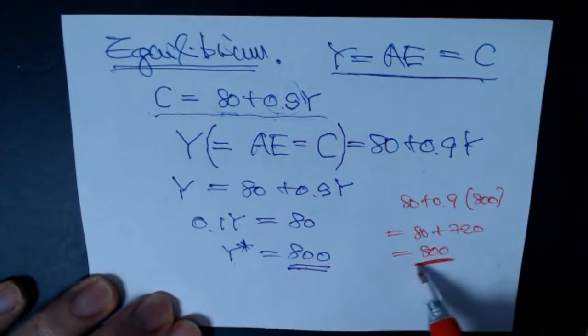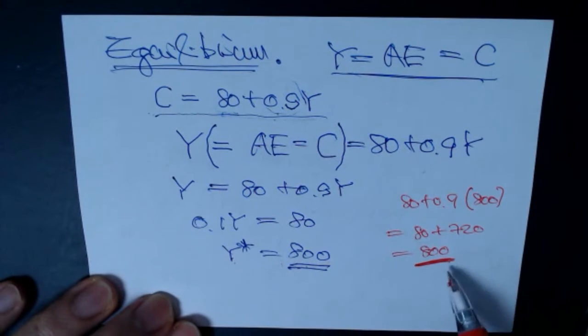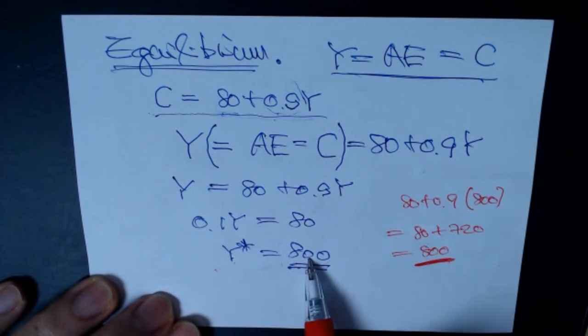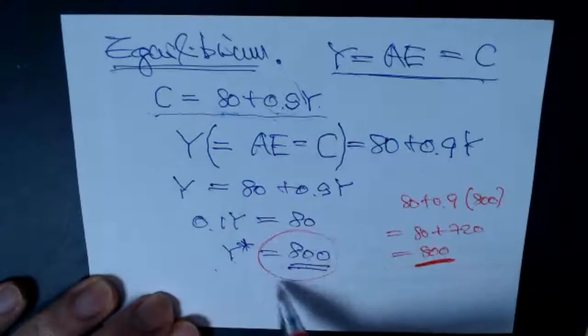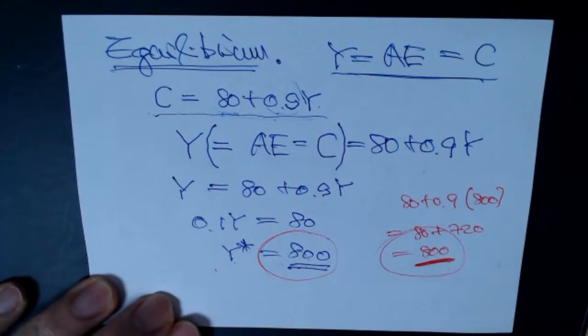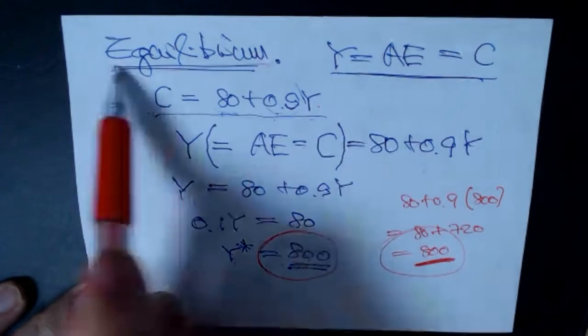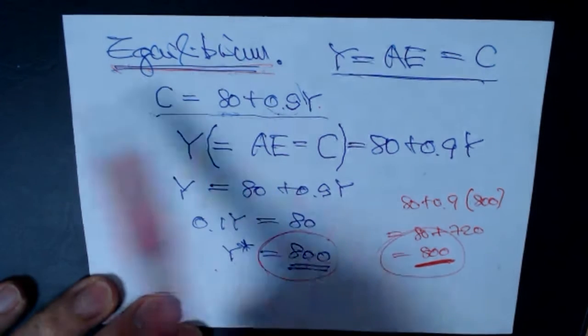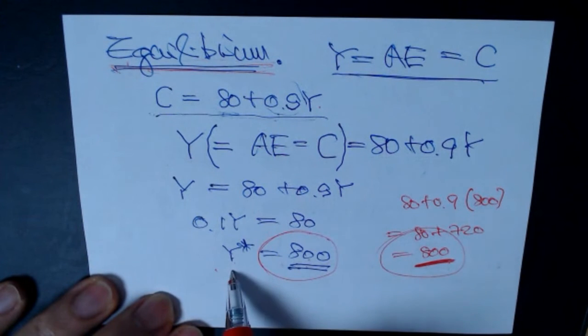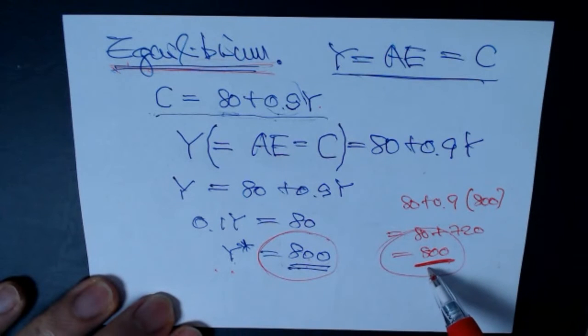This is the total consumption when this economy has 800 national income. So the amount of output equals the amount of consumption, and we say that this economy is in equilibrium. Make sense? So the meaning of equilibrium is whether the economy produces the exact amount to satisfy the required consumption.